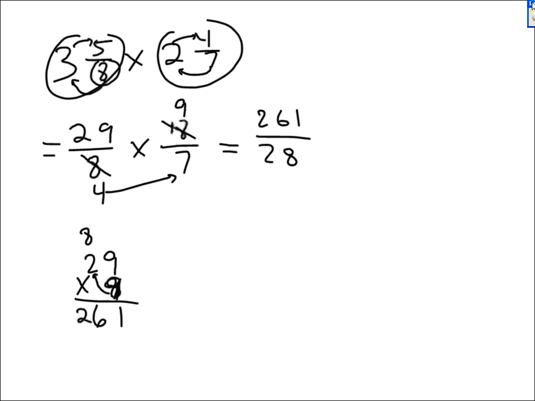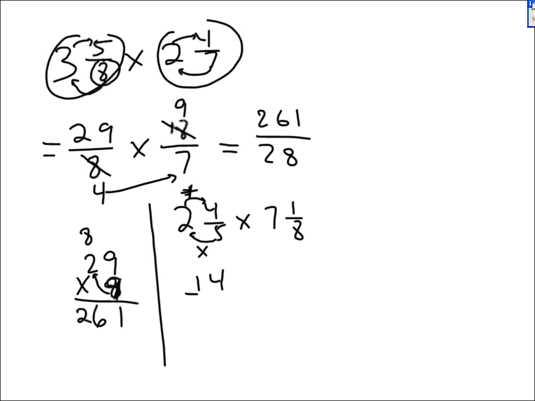There's the answer. Convert the mixed numbers to fractions and then multiply fractions. Two things that we've already learned how to do. 2 4/5 times 7 and 1 over 8. 10 plus 4 is 14 over 5 times 7 times 8 is 56 plus 1 is 57 over 8.